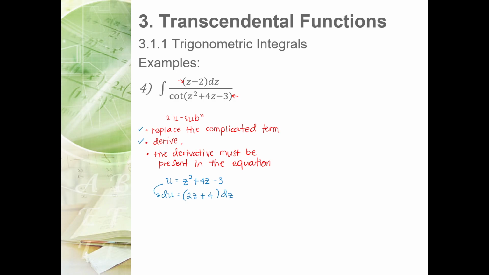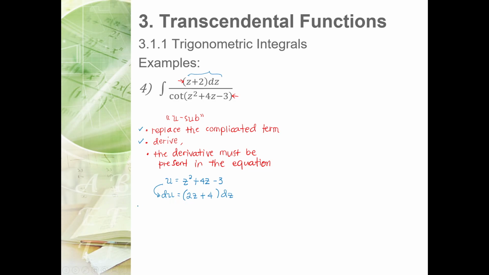Again, in the third process, the derivative must be present in the equation. Looking at the derivative, that's 2z plus 4. And looking at the equation, we have z plus 2 dz, this particular term in the numerator. So meaning our derivative is partially correct.